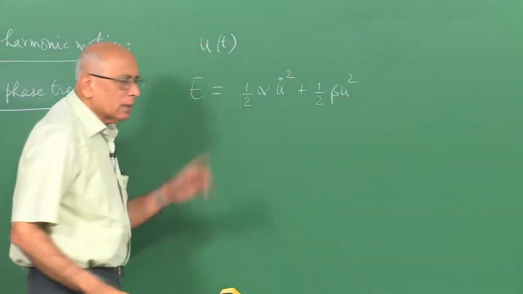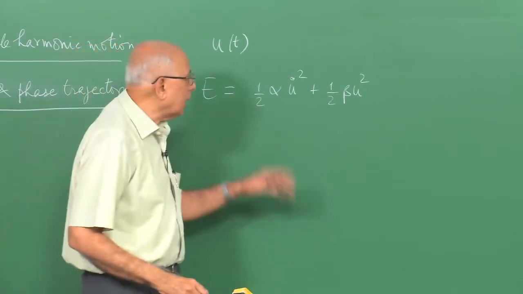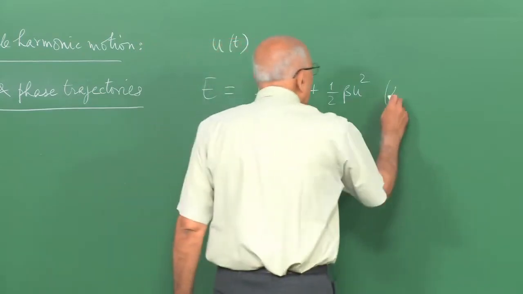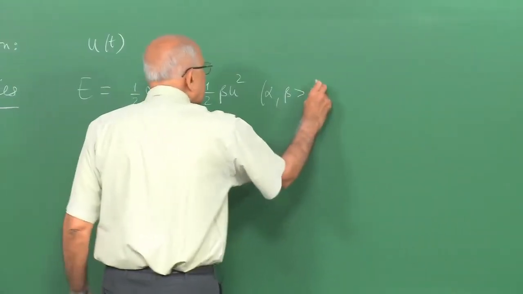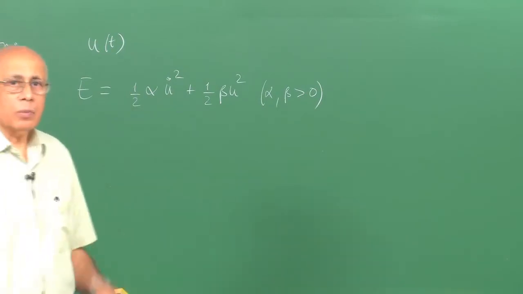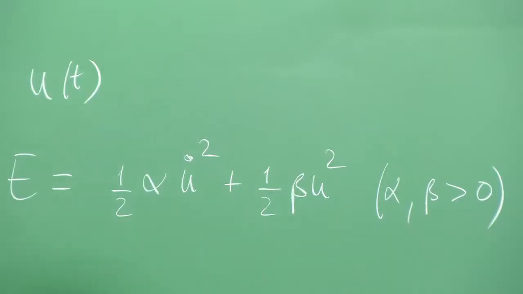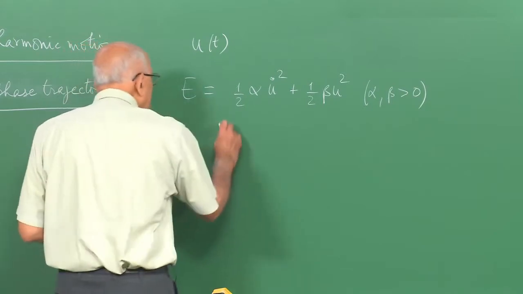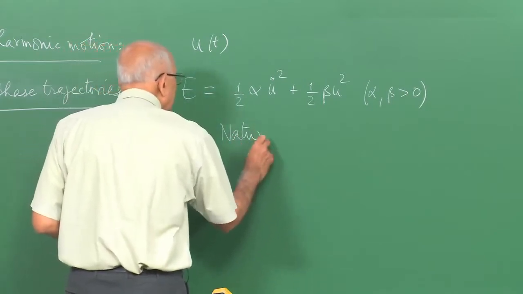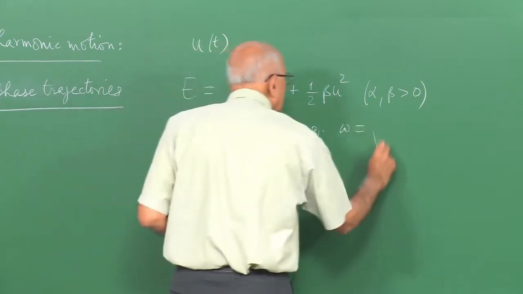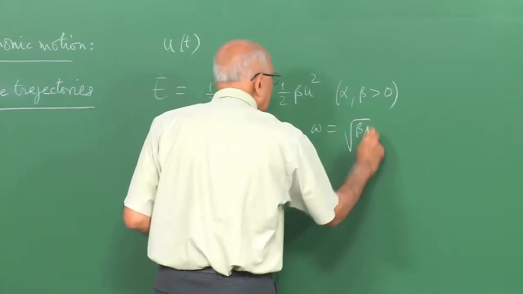So if the energy is a quadratic function of this kind with a u squared term and a u dot squared term, where alpha and beta are positive constants, then u executes simple harmonic motion in time. It varies sinusoidally or like some superposition of cosines and sines with a certain natural frequency omega, which is equal to the square root of beta over alpha.